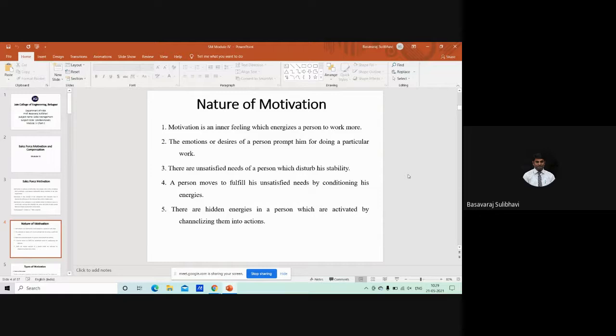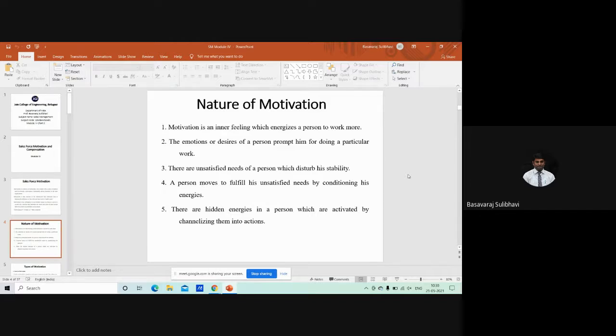Okay. Then we have the fourth one: a person is motivated to fulfill his unsatisfied needs by conditioning his energies. He has an ability. So motivation always looks into identifying the energy in those people, though they may have an ability, identifying the energy among the salespeople, right? And that particular person who gets motivated is going to prepare himself towards achieving his unsatisfied needs and getting energy out of his ability.